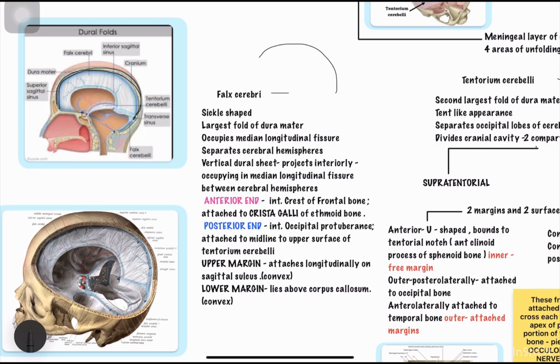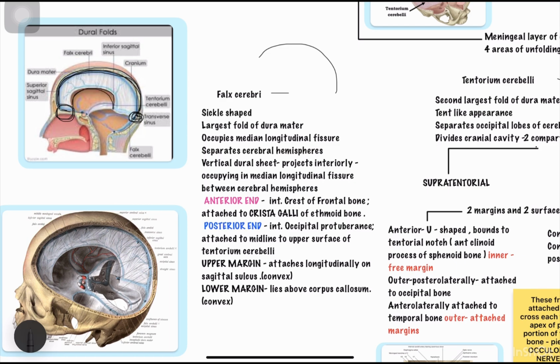Falx cerebri has a sickle shape, and its anterior end is seen at the ethmoid bone, to be precise, the crista galli of the ethmoid region, and posteriorly it has a posterior end which is seen at the occipital protuberance. It also has two margins, the superior and the inferior.